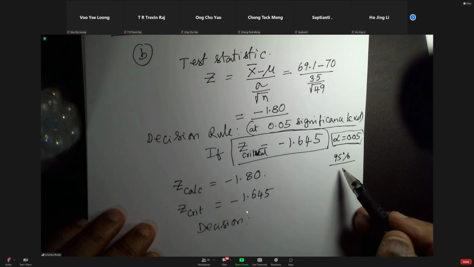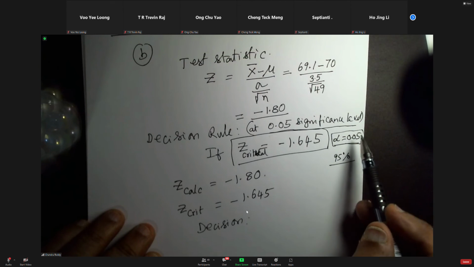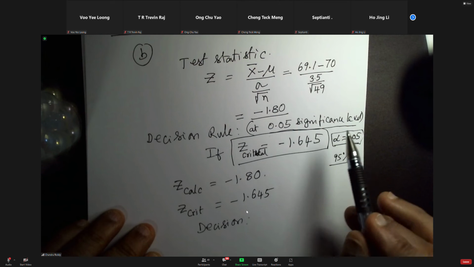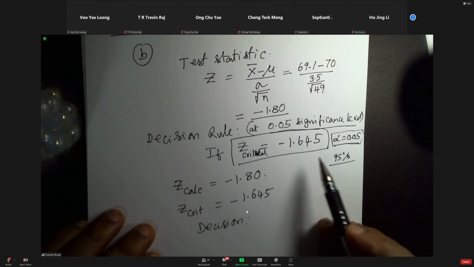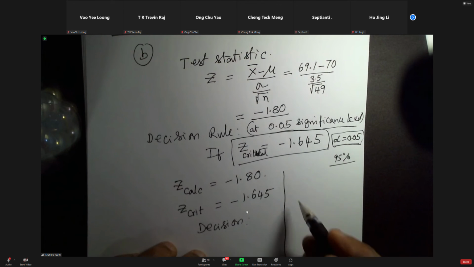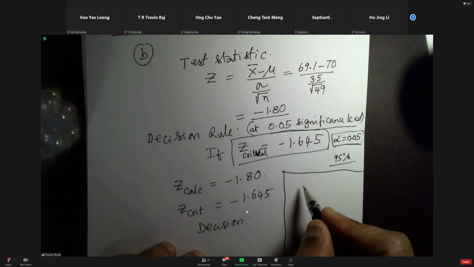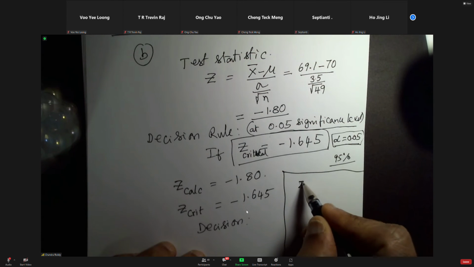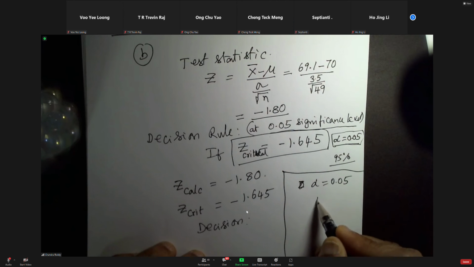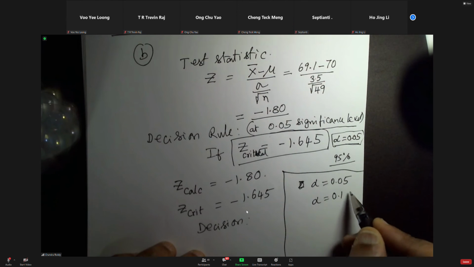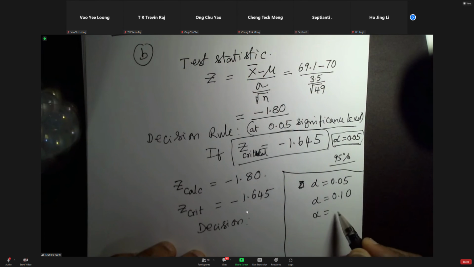So from the Z distribution tables, you look for 0.05, then the corresponding Z value will be 1.645. You need not worry about these values. You only get alpha 0.05, alpha 0.10 and alpha 0.01.